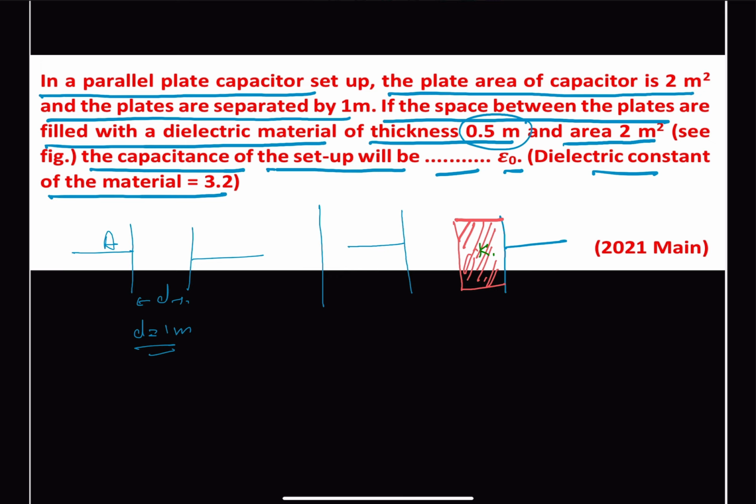And we assume that C1 is the capacitance for the part with the dielectric and C2 is the remaining part, which consists of air as a dielectric. Let us suppose the thickness of this is D1 and this thickness is D2. We can substitute the values later on.